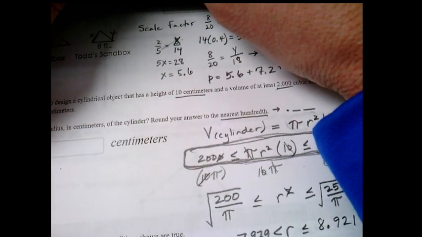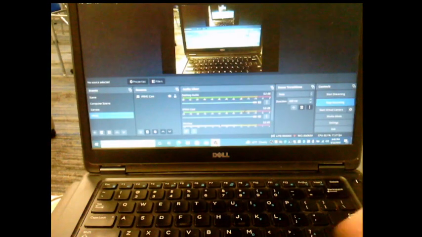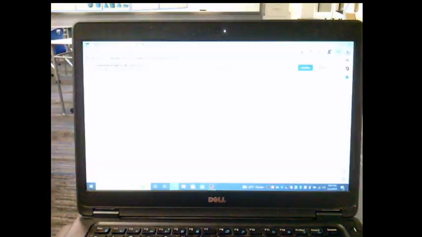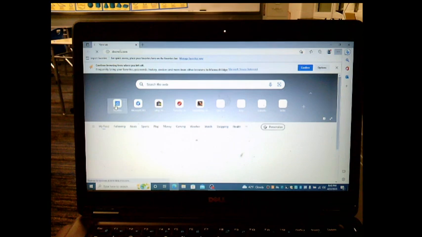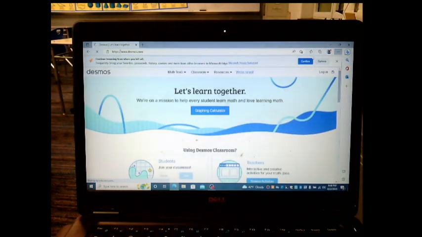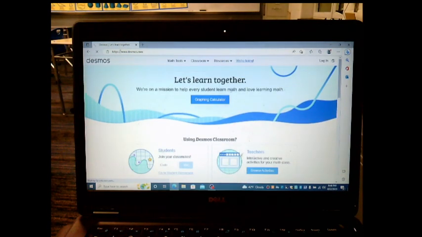And as I pull this up, I'm going to show my computer here. Let me make sure I'm showing my computer right. There we go. I'm going to show this and actually look through this with you. Here we go, graphing calculator.